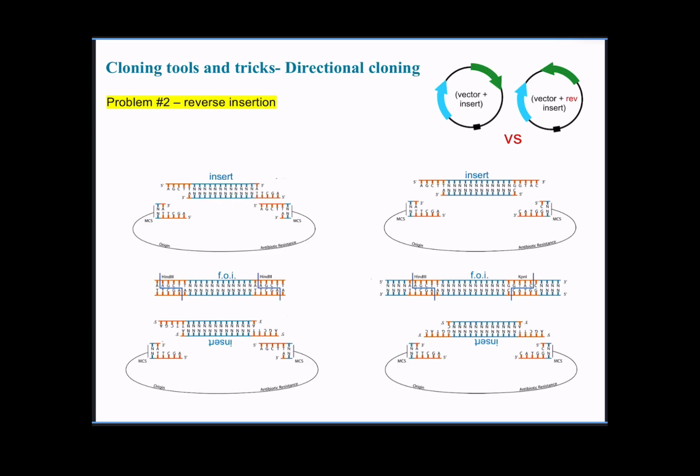And for the second problem, the problem of inverse orientation of the insert, we go back to, I think there was a question before, if we can use a combination of restriction enzymes, and that's exactly what we do. That is called directional cloning, and the idea here is, instead of using only one restriction enzyme to cut out your insert from its source and cut the vector open, you use two.